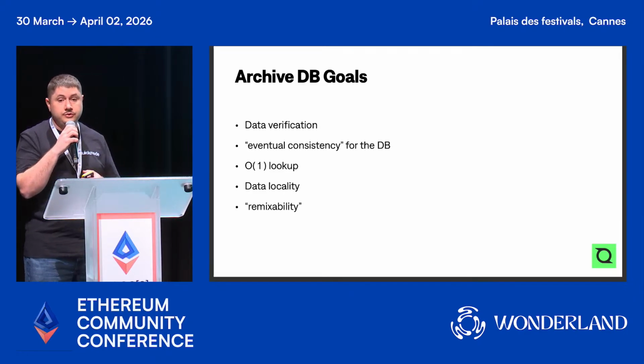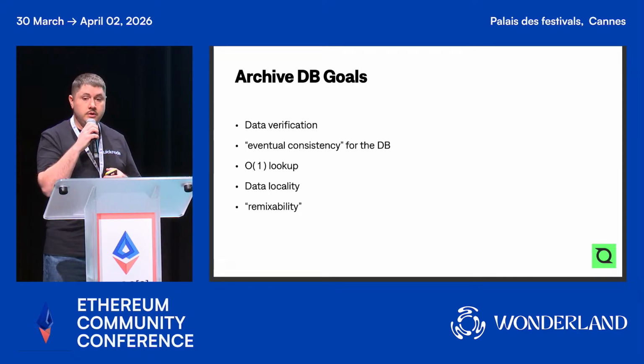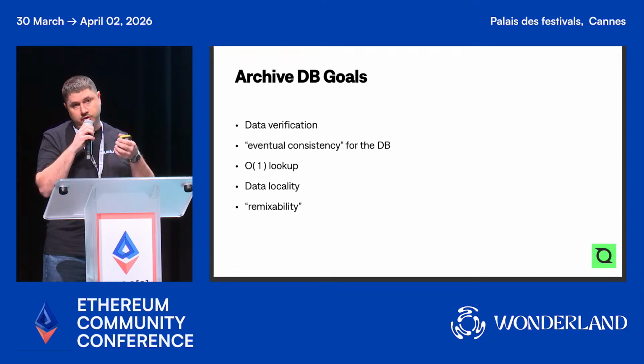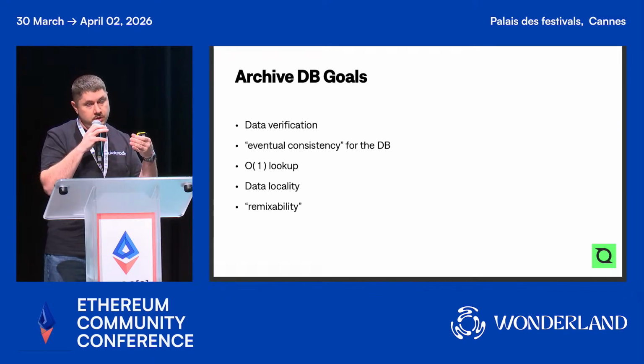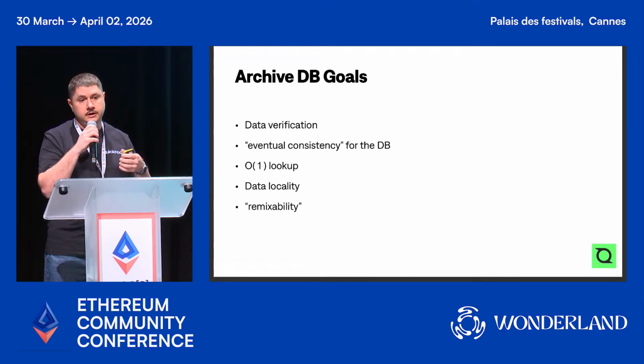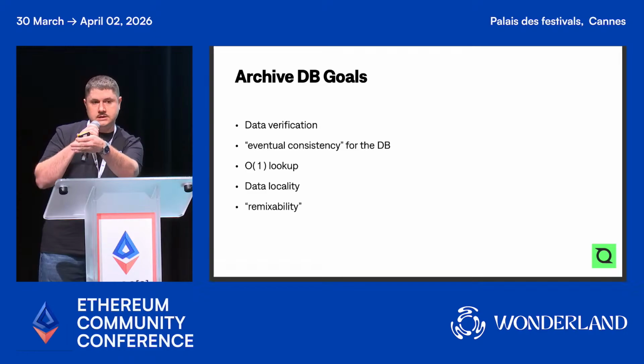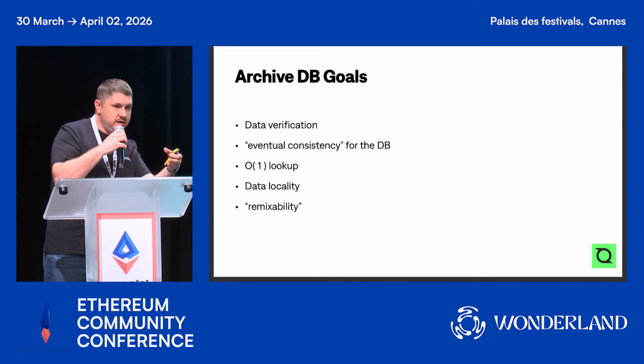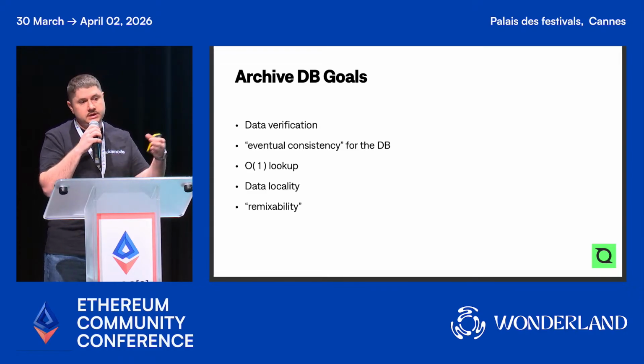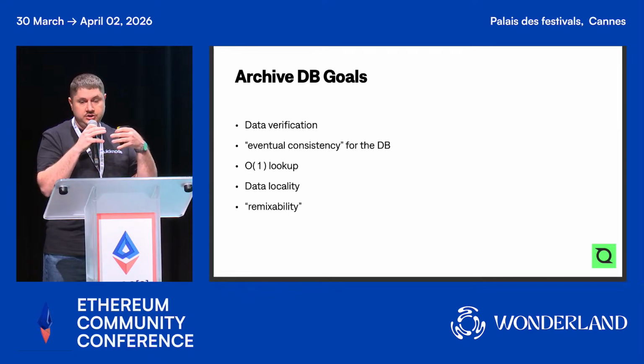You also need eventual consistency for the database. Every chain that we've tried to run on top of, let's say, a SAN, you never have a consistent database. When your SAN is trying to deduplicate things to reduce costs, it's not able to do it because this database has a little bit of extra information and that database has a little bit of different information, and because it's stored in a key value store, it's just not the same.